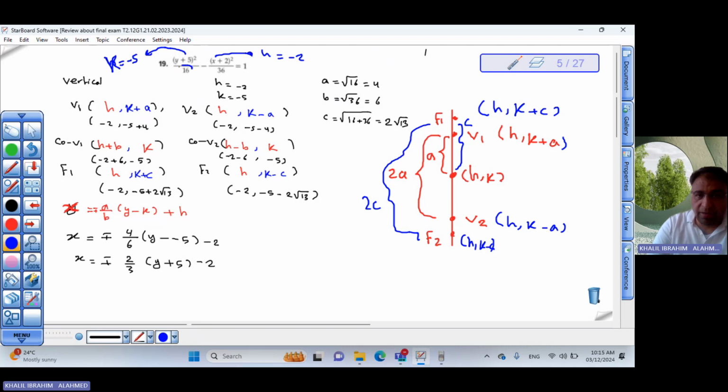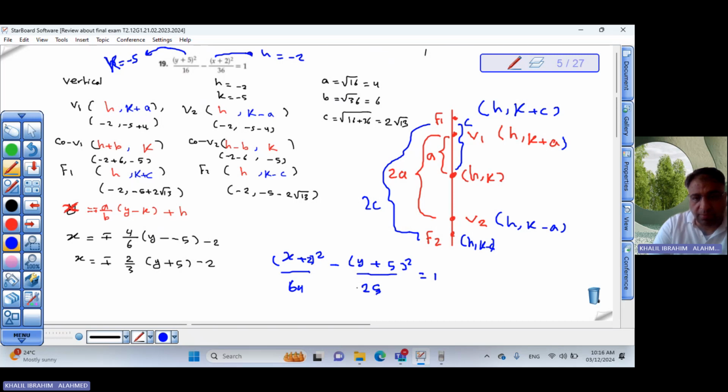If here this is a up, and another equation, for example, x plus 2 squared over 16 minus y plus 5 squared over 64, or maybe 25, equals 1.